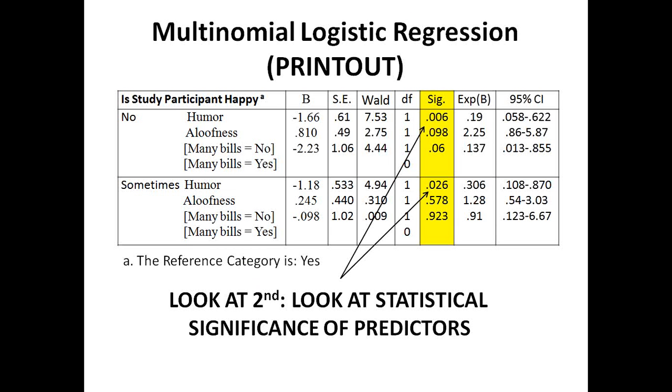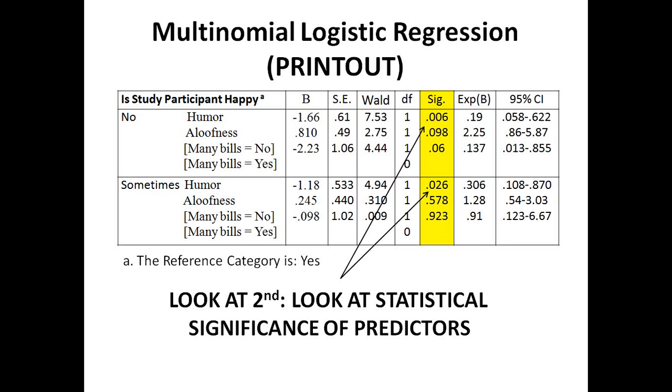So there's 3 categories, yes, no, and sometimes. Right? So the reference category is yes, and the ones we're looking at are the categories no and sometimes. So they're going to tell us their outcomes relative to those that indicated, yes, I am happy.